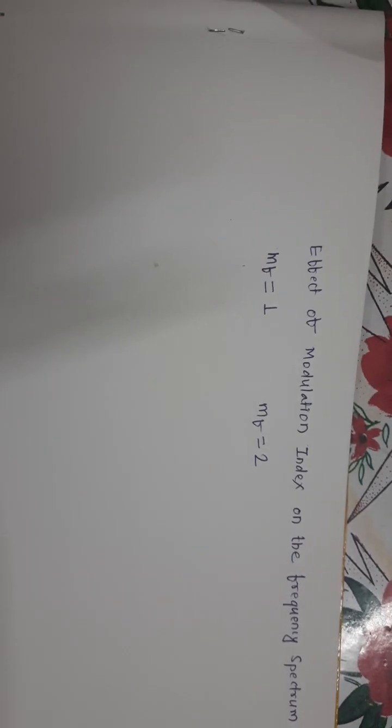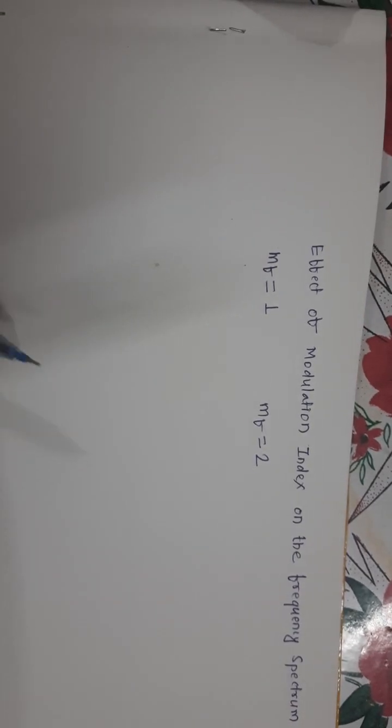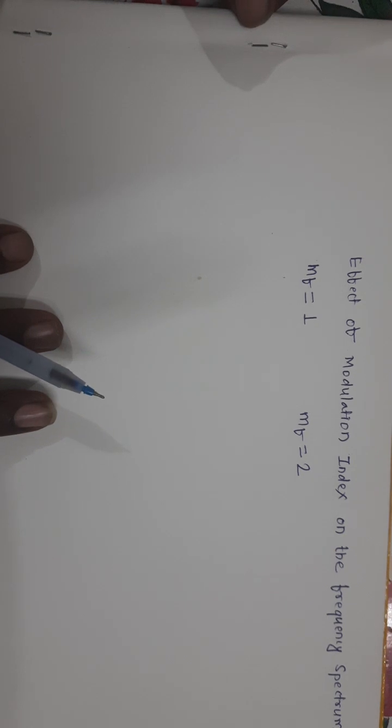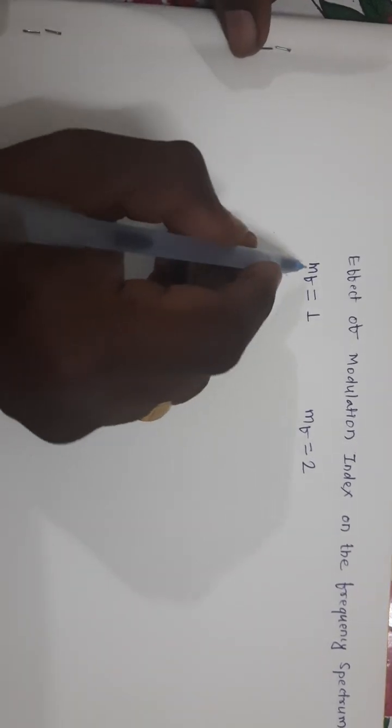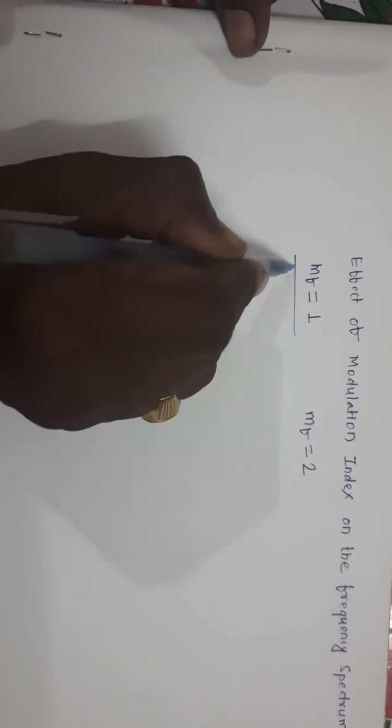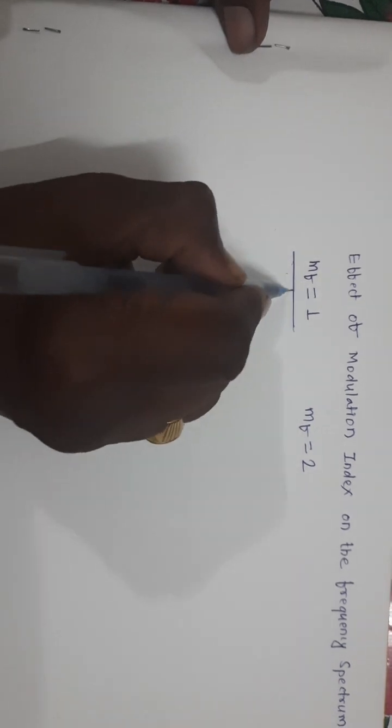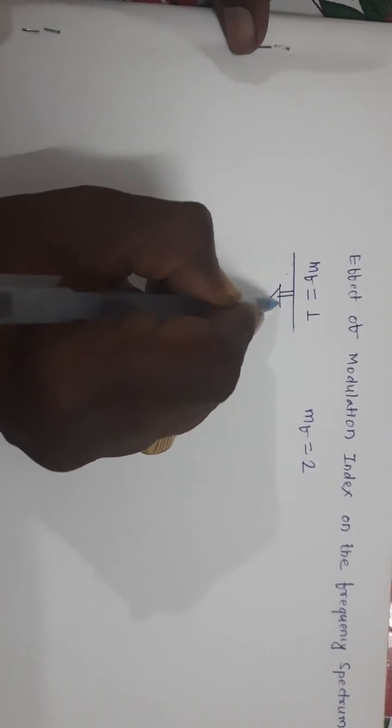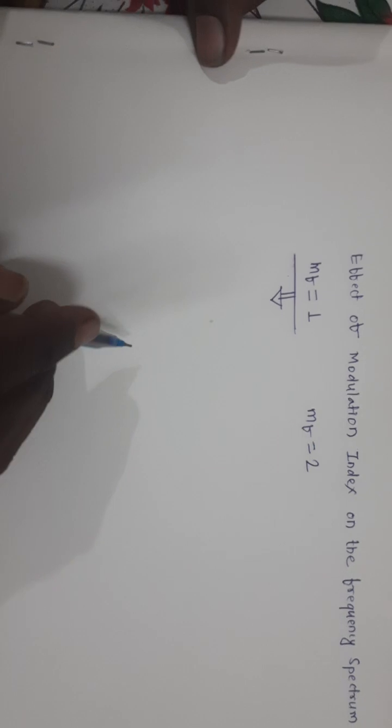For these values of modulation index, how is the frequency spectrum drawn? Let us first look at the frequency spectrum with modulation index MF equal to 1.